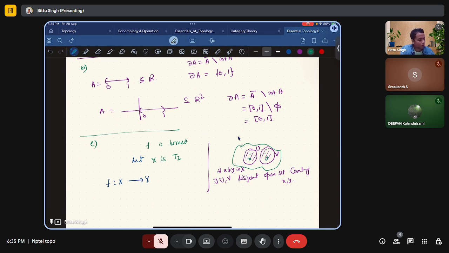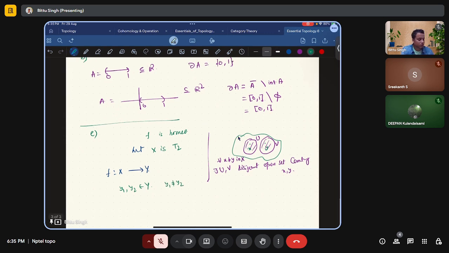So take two points y1 and y2 from Y, with y1 not equal to y2. Then just take the pre-images f inverse of y1 and f inverse of y2. Since y1 and y2 are not the same and f is a bijection, the f inverse of y1 and f inverse of y2 will be different.